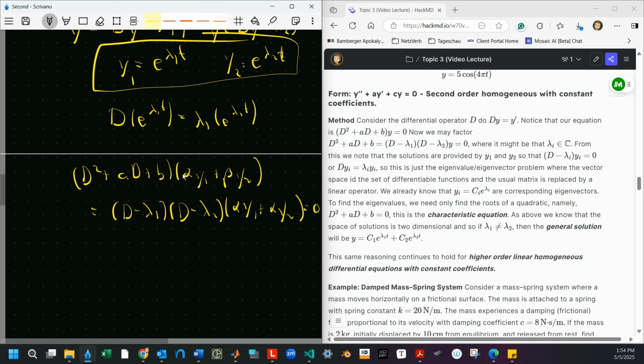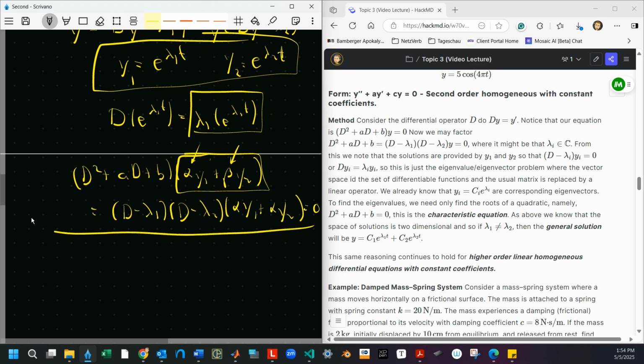So the point is, once I have solutions, I can take a linear combination of them and get another solution. The theory says this has to be a two-dimensional space, so we need only two parameters, and this will give me all the possible solutions.